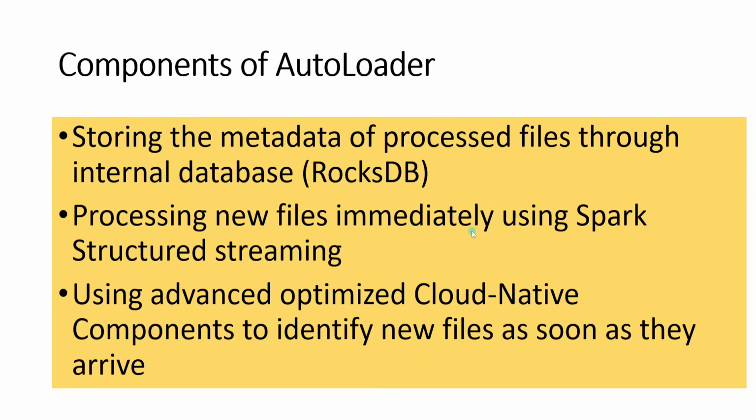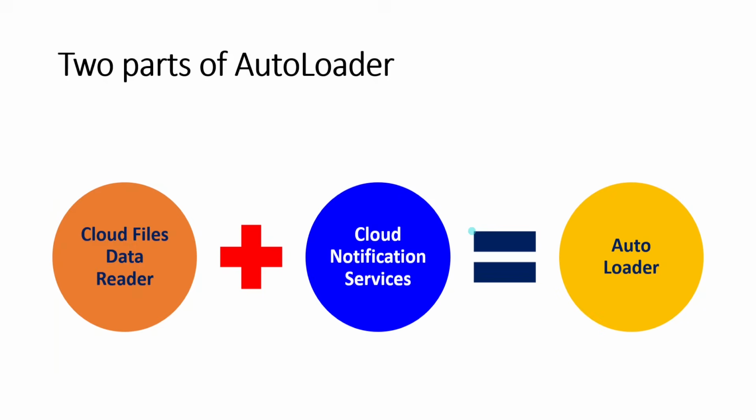Right, these are the components of AutoLoader. Now, coming to processing, when AutoLoader is processing the data, it has two parts. One is the cloud files data reader. This is nothing but identifying the new files and how it reads from the source system.